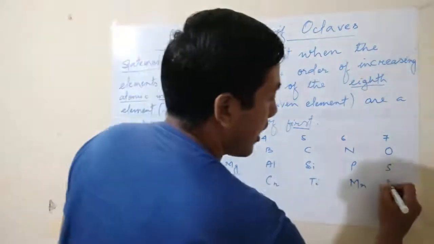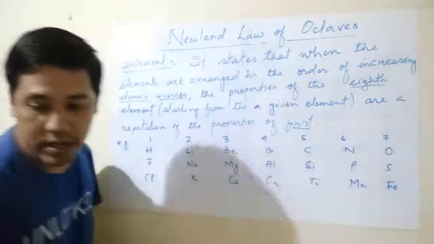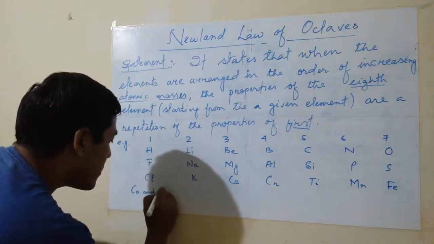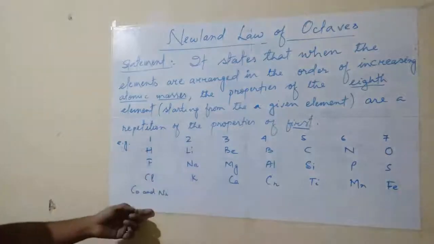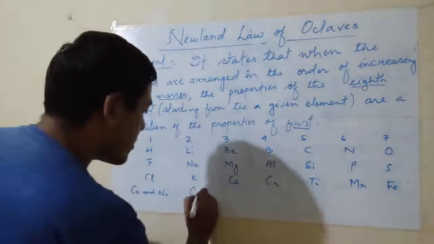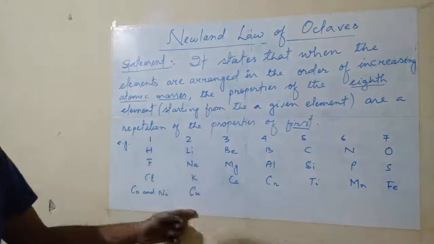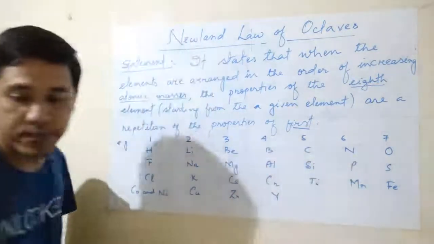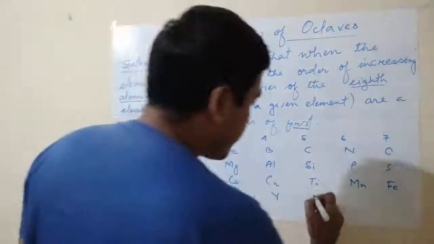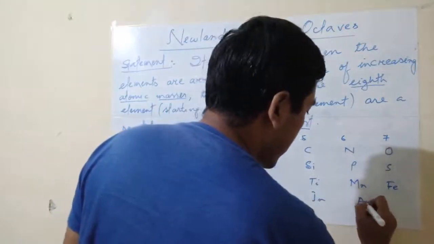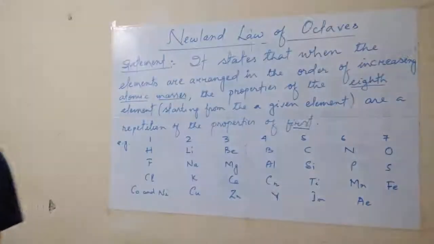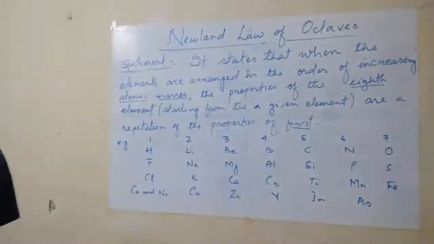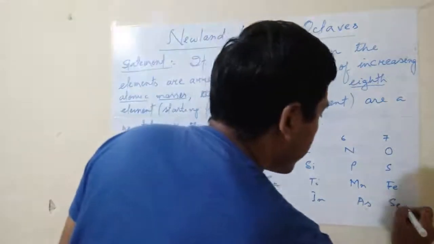Manganese, iron, cobalt and nickel. Copper, just follow this one. Zinc, then indium, then astatine, then cerium.